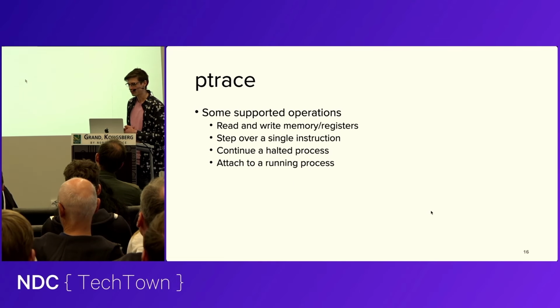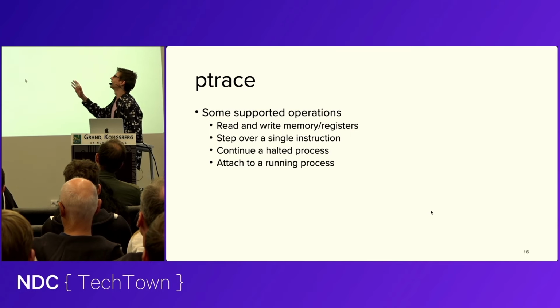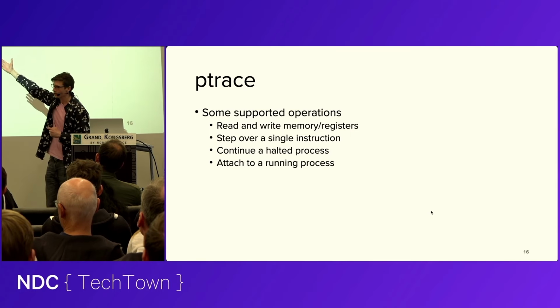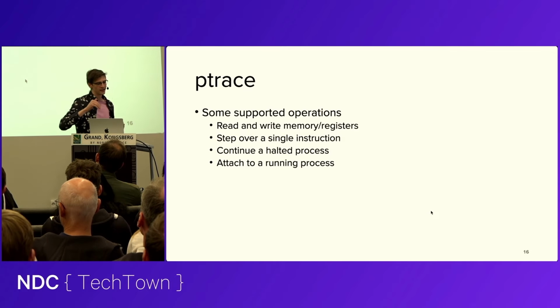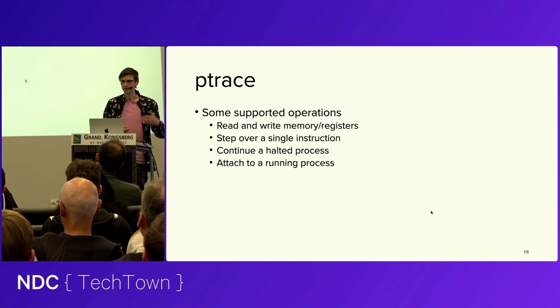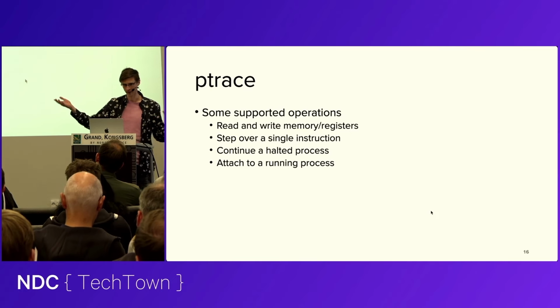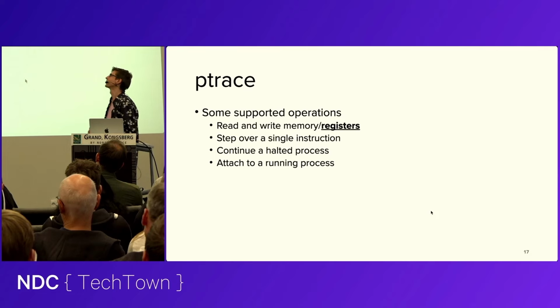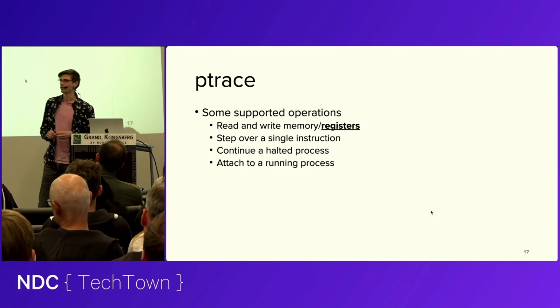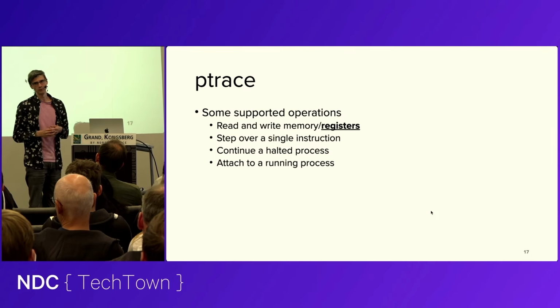Some other supported operations are, well, reading and writing memory, but also registers, stepping over a single hardware instruction, continuing a process that was halted, maybe from a breakpoint, or attaching to a process that's already running. Let's have a look at registers. Say we want to read the registers in our, say, x64 system.